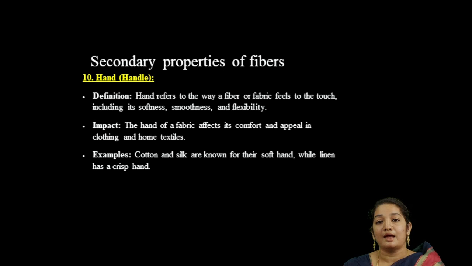Handling is also a very important property. By touching the fabric itself, we can know whether the fiber is comfortable to wear or not. Cotton and silk feel comfortable when wearing, while linen provides discomfort because it has a crispness during wearing.